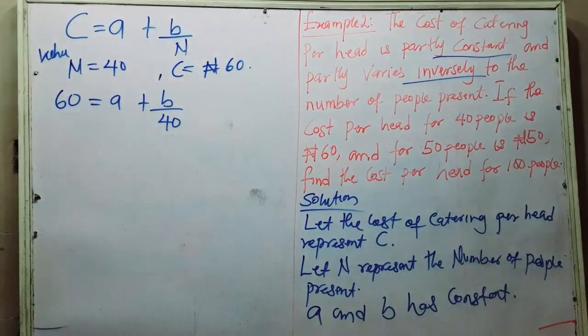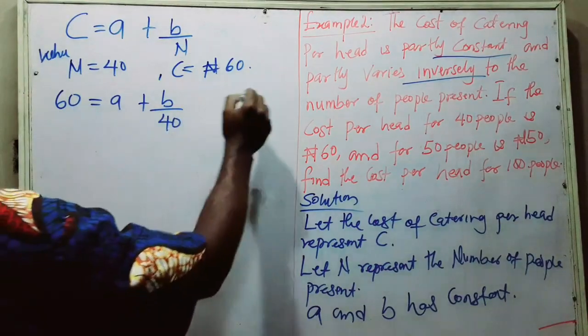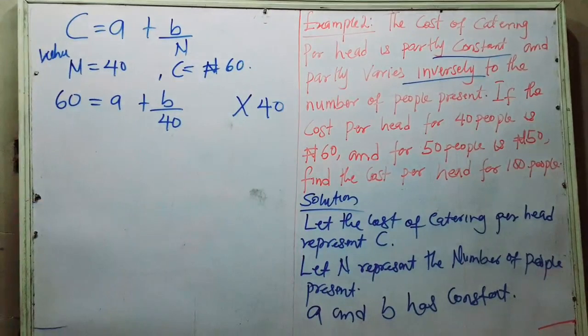Before we leave this stage, let's try to turn this equation to linear form. How do we turn this equation to linear form? By multiplying all through by 40, because 40 is the denominator, as an LCM.